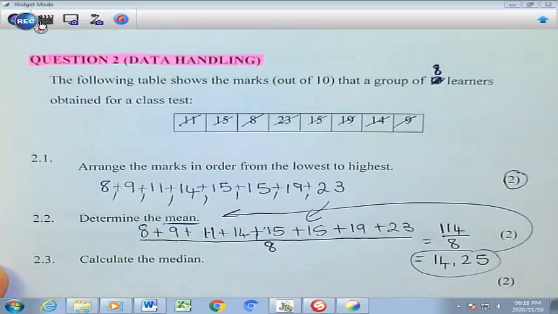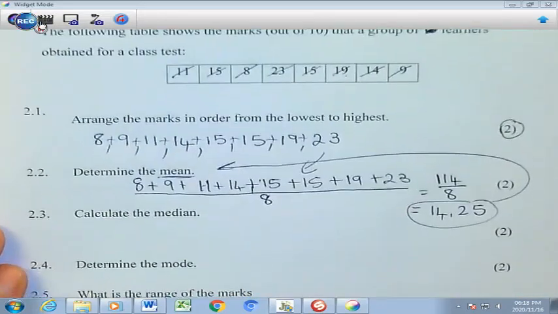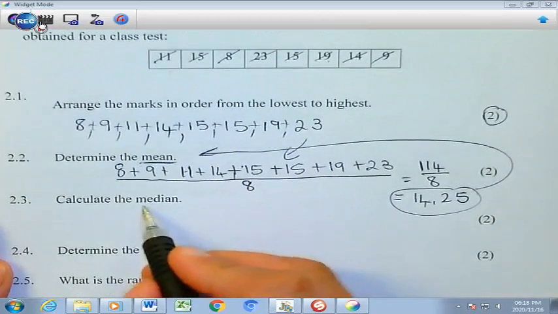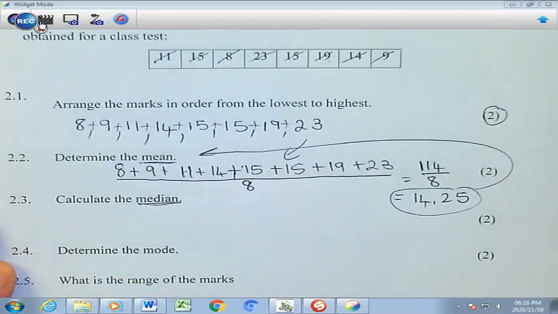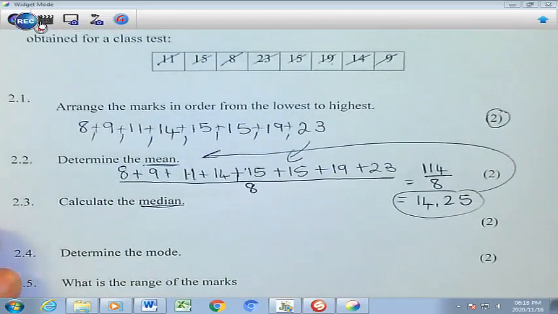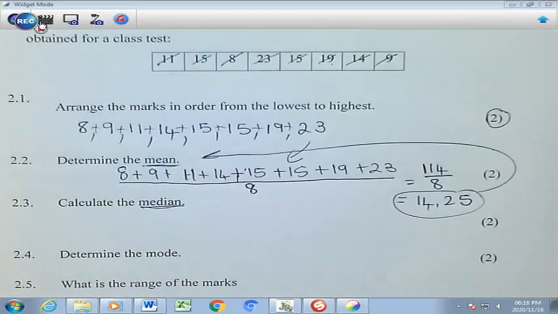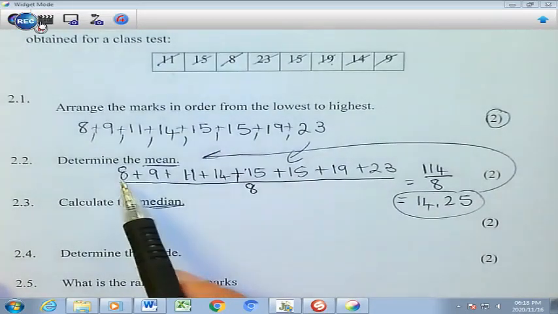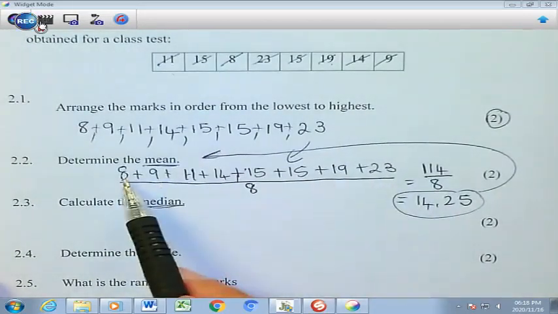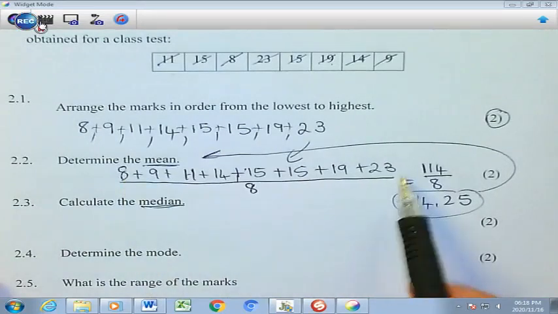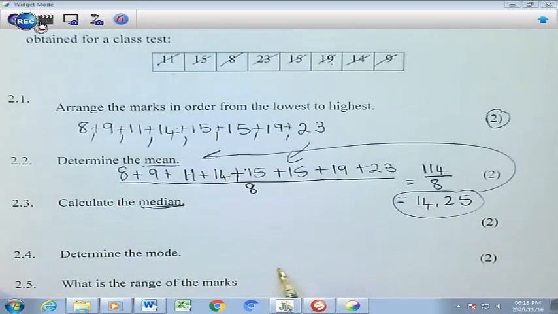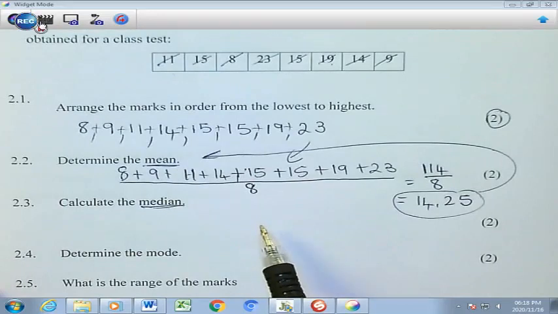Okay, then we're going to look at the median. The median is the mid number. If it's an odd number set in the data, the mid number would form your data, but it has to be in the order of lowest to highest to be able to find your mid number.